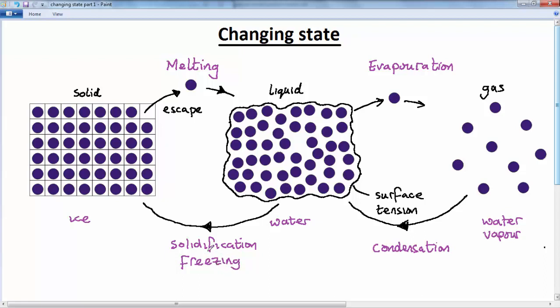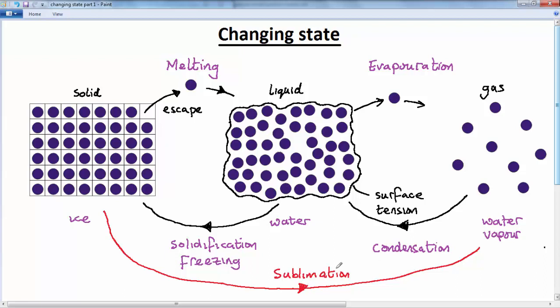I'd also like to mention there are some materials, for example iodine, and you can see this in the practical demos section of the website, where the substance doesn't actually exist in a liquid state. When you heat solid iodine, it goes directly from a solid into a gas, and when that happens, we call this sublimation.